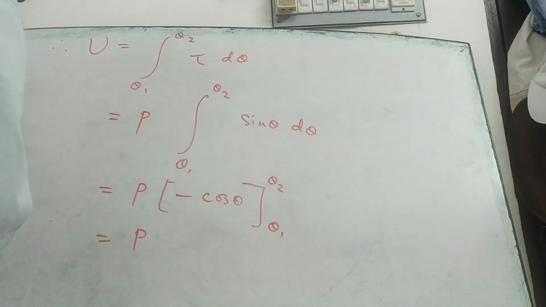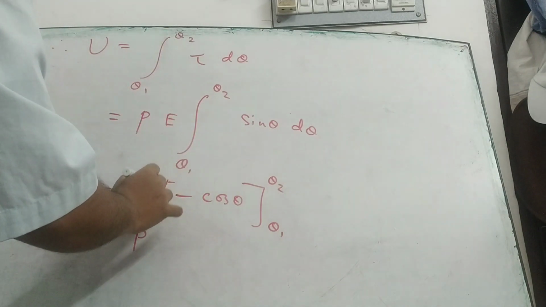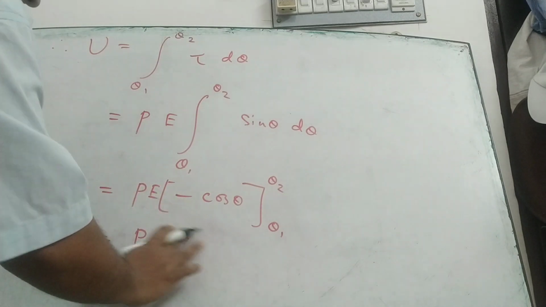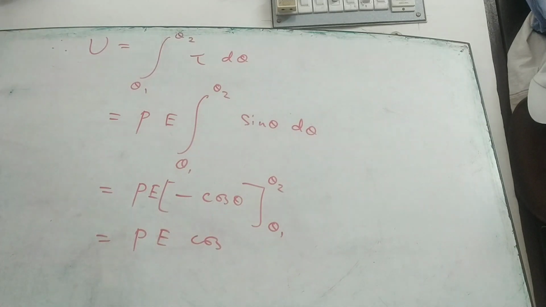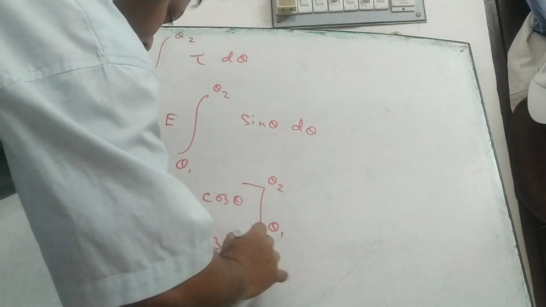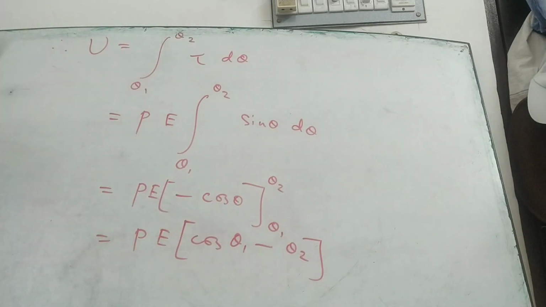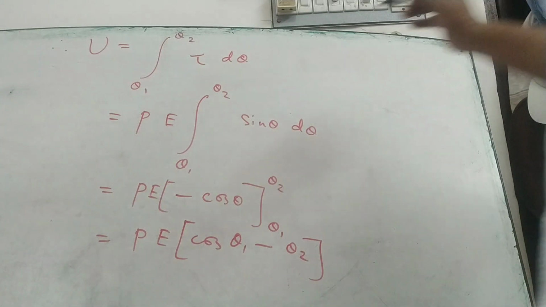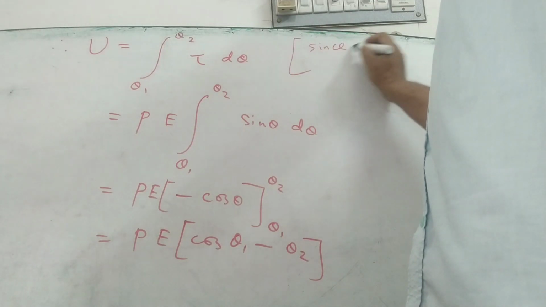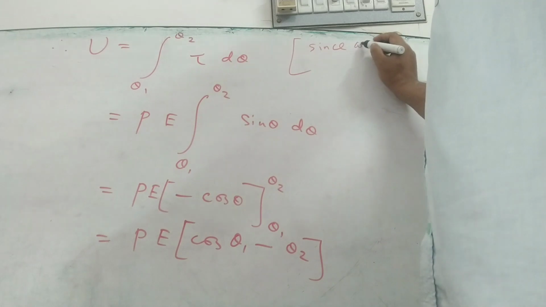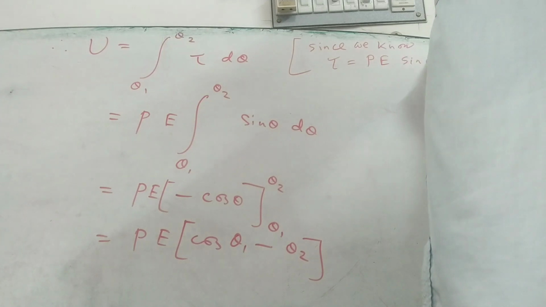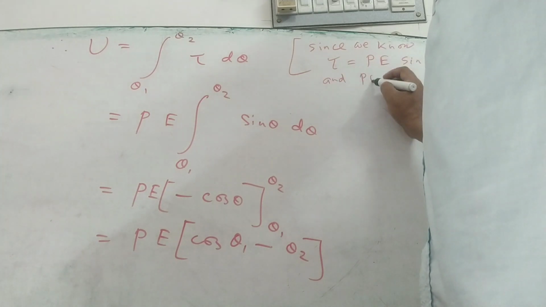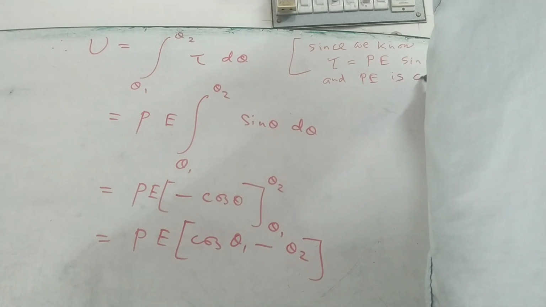This is equal to PE cos theta 1 minus cos theta 2, since we know tau is equal to PE sin theta and PE is constant.